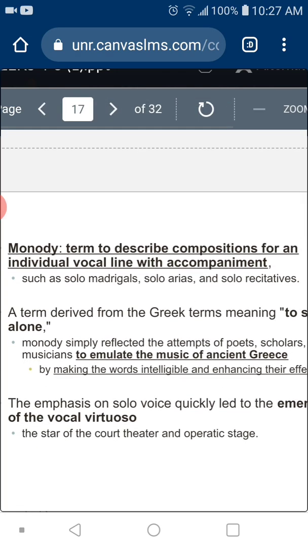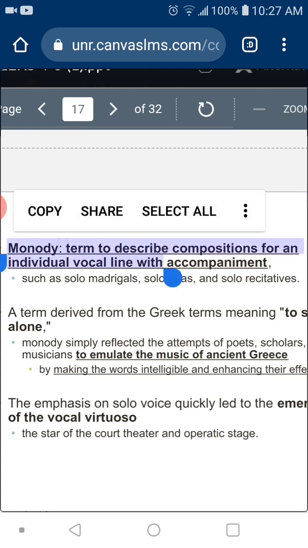Now, what you have to know, which will be in the second exam, is the term monody. So monody means a composition for one melody, so one individual vocal line with accompaniment by one instrument, basically. During the late Renaissance, they believed that the Greeks performed monodic music because there was only one melody, which is not necessarily true.